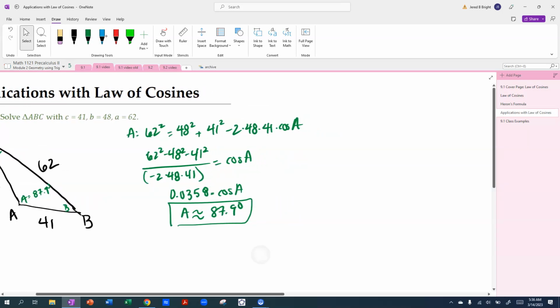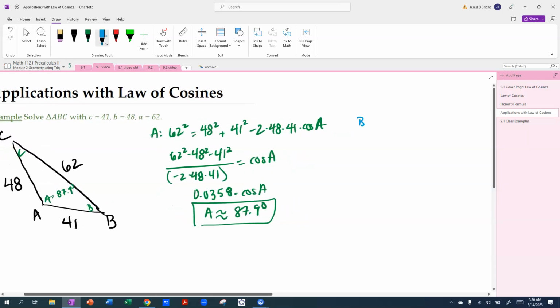I'm going to move on and find angle B next. For angle B, again, I need to set it up with law of cosines.